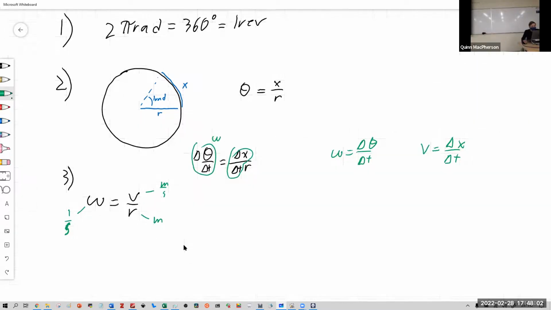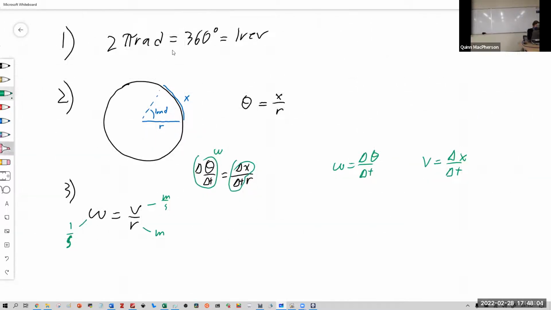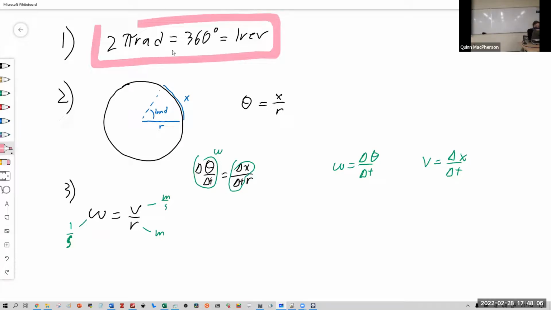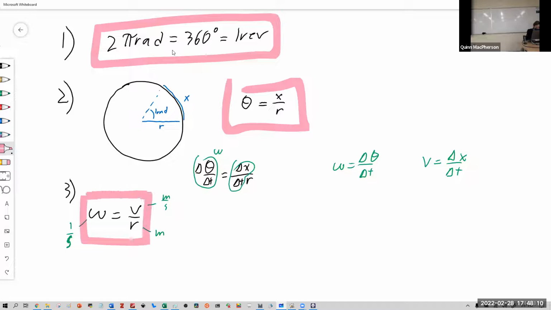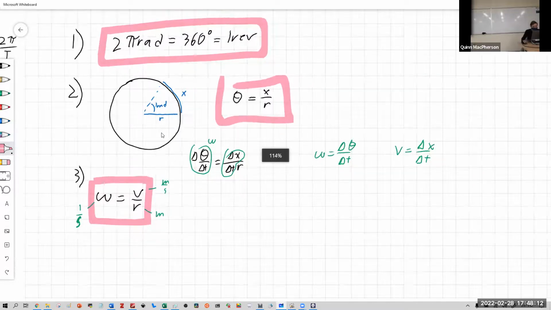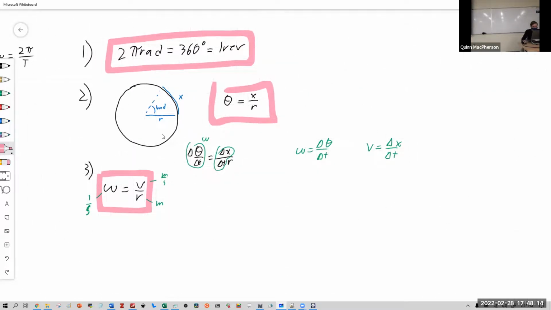Okay, so first equation, thing to remember. Second thing to remember. Third thing to remember. And I guess you should also remember these two definitions. Well, actually, I'll call that one thing to remember. That'll be number 4.